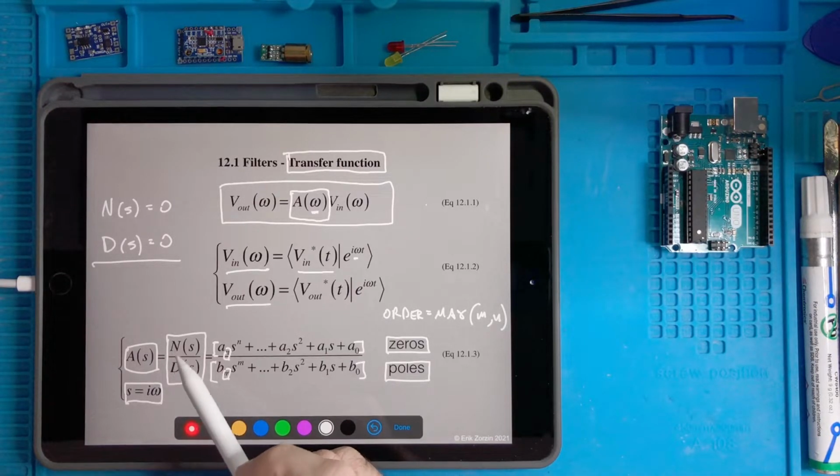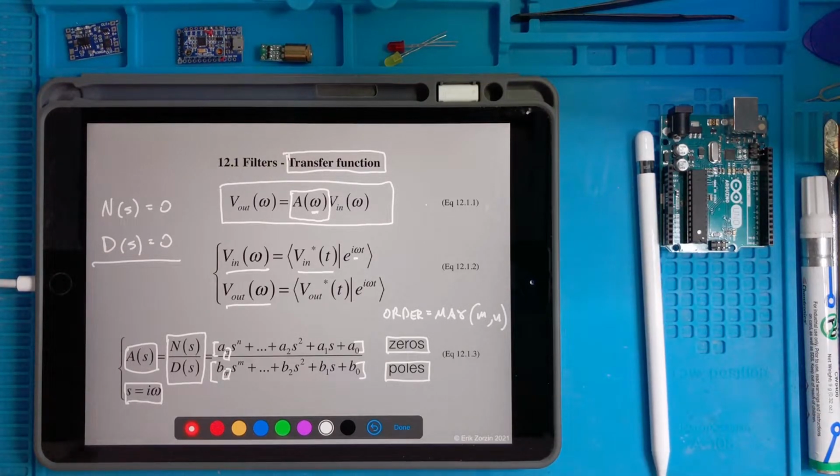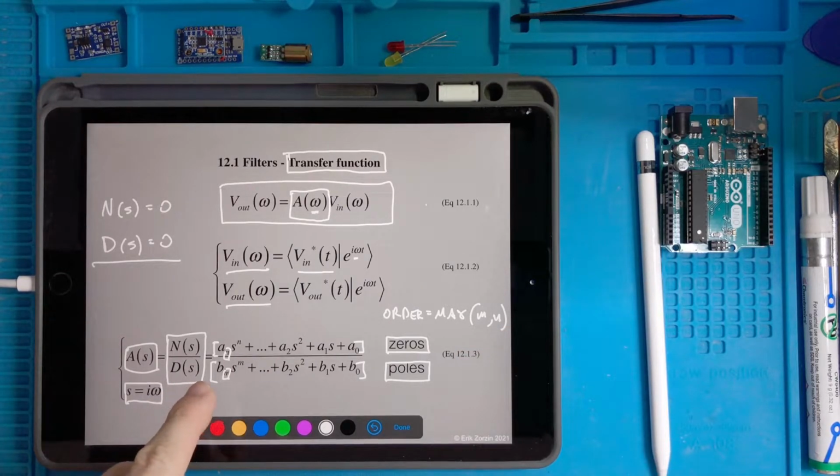So a ratio between those two polynomials. So this is a very useful condition. It means that if we go in a shop and we assemble a thing like this, then the transfer function comes in this form, and this will simplify a lot the study of it.